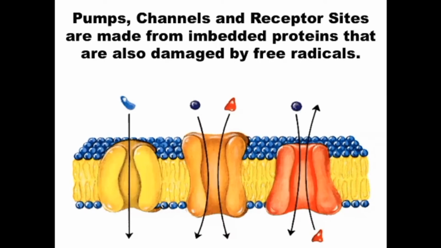It's important to be able to get hormones in. Everything that's needed inside the cell to run the cell and make energy has to come through these pumps or channels or receptor sites. And when they're damaged, it doesn't happen. And so as we reverse the oxidation on the cell membrane, we're also reversing the oxidation on these pumps and channels and receptor sites.